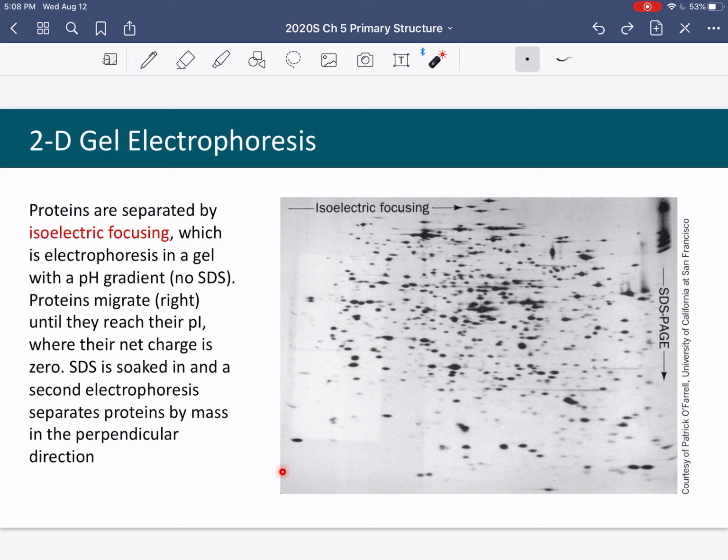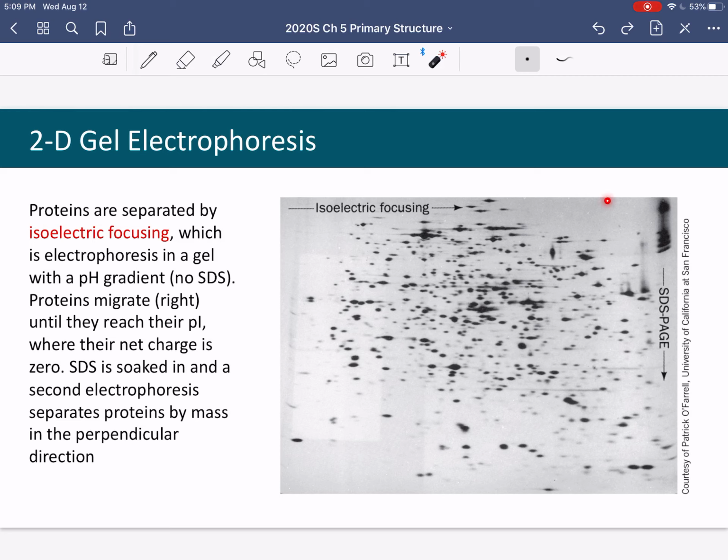The pH gradient that gets set up in the ampholytes that are used, they're like little buffers that move according to their pH, sets up a pH gradient across the gel. And then you add your proteins and you run them in the direction from the cathode to the anode, and they stop moving when their isoelectric point is met.